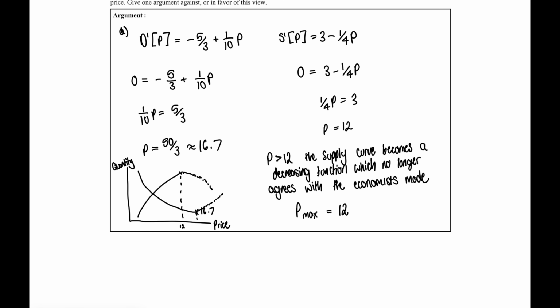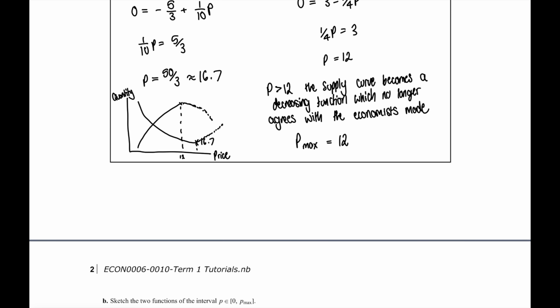If we now give a reason for why the supply curve is upward sloping and why the demand curve is downward sloping, if we begin with the supply curve, it should be upward sloping due to firms having a profit incentive.